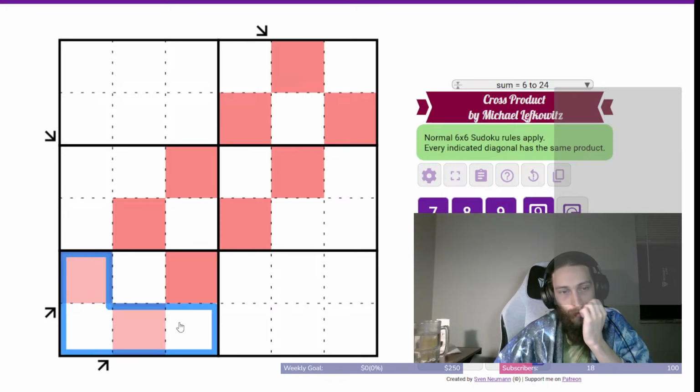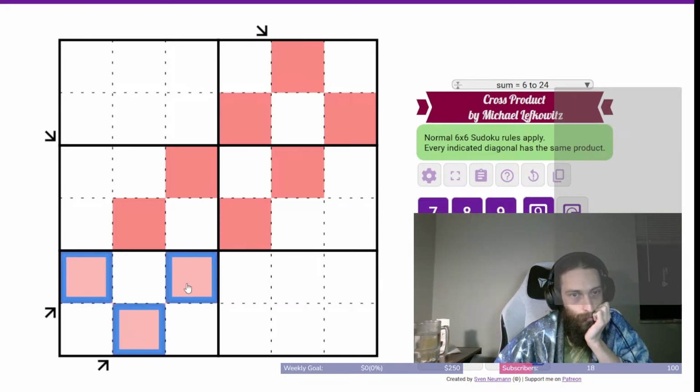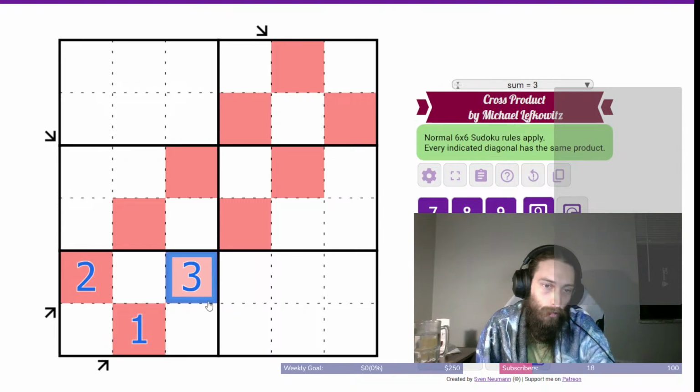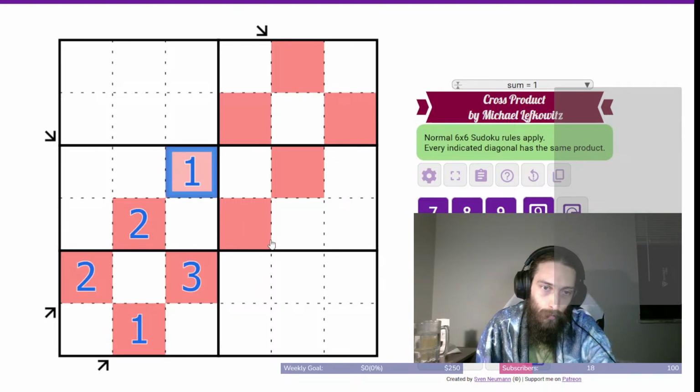So I have to put 3 different digits in this box, and 3 different ones up here. So this is minimum 1, 2, 3. So I could do like 2, 1, 3. And now this would need another 2. And then I would need a 3 and a 1.